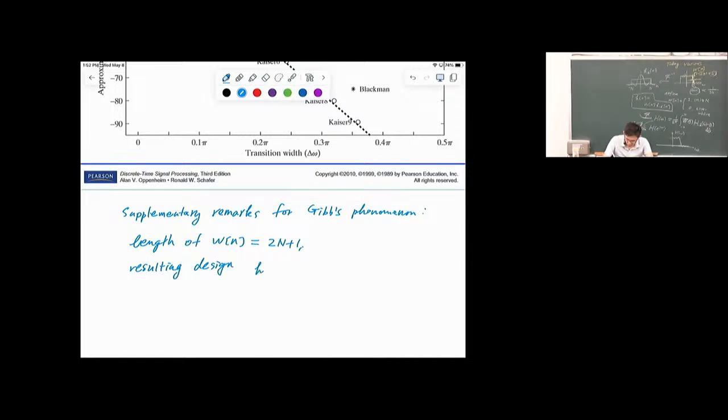Let me add a superscript m to emphasize that now this design is keeping the middle 2m plus 1 points, equal to w[n] times the ideal response. Maybe I should also put parentheses around here.